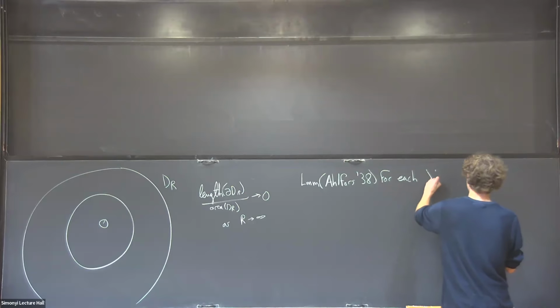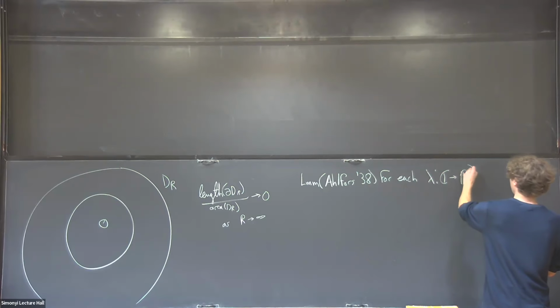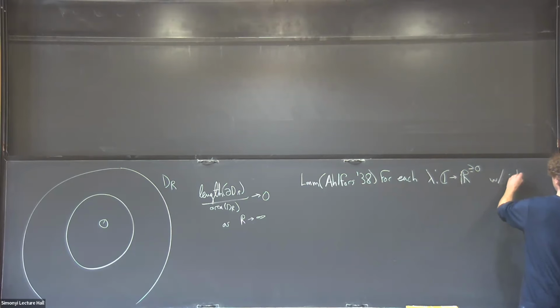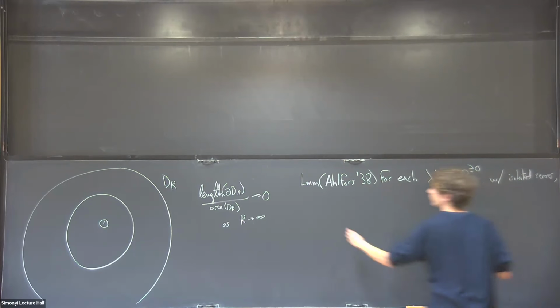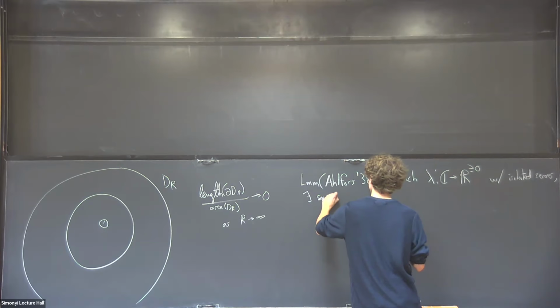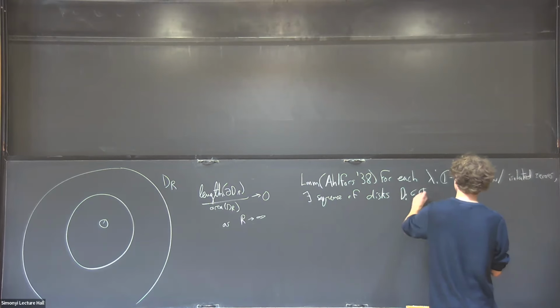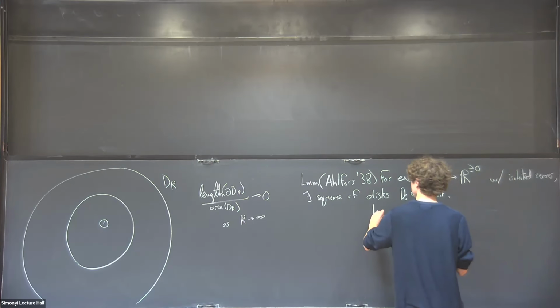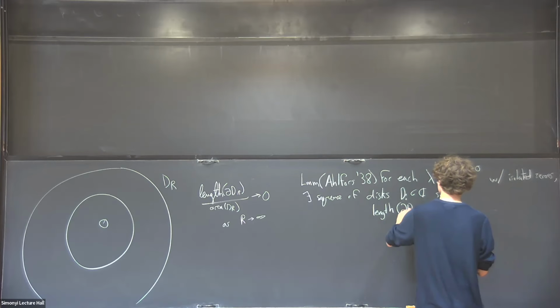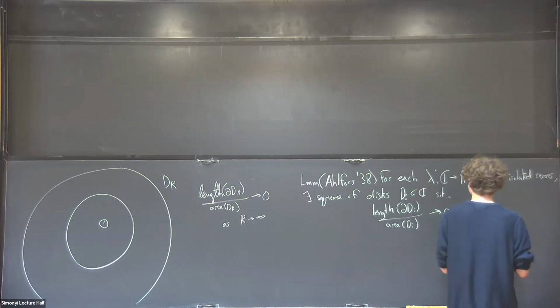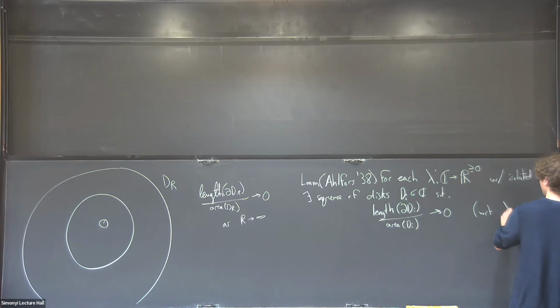If you have a conformal factor, maybe with isolated zeros, there exists a sequence of disks, and this is with respect to the conformal metric.